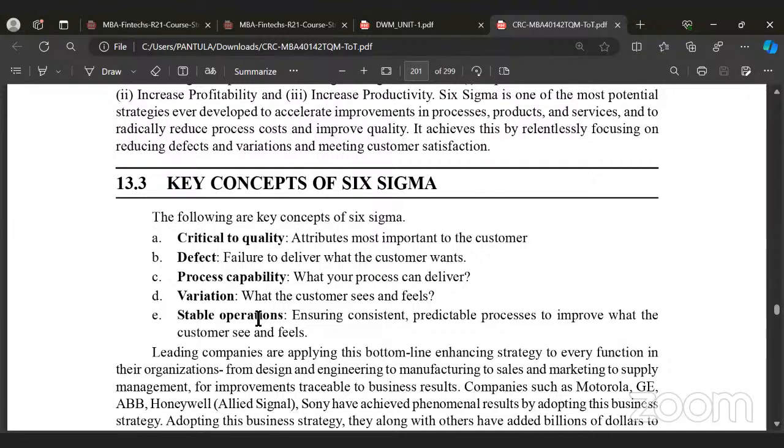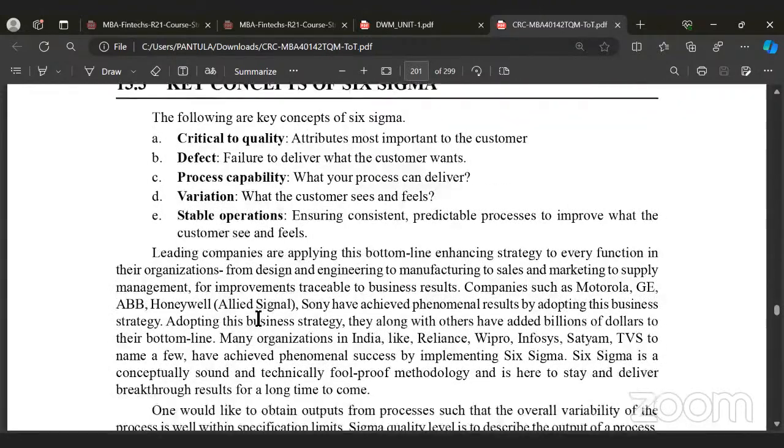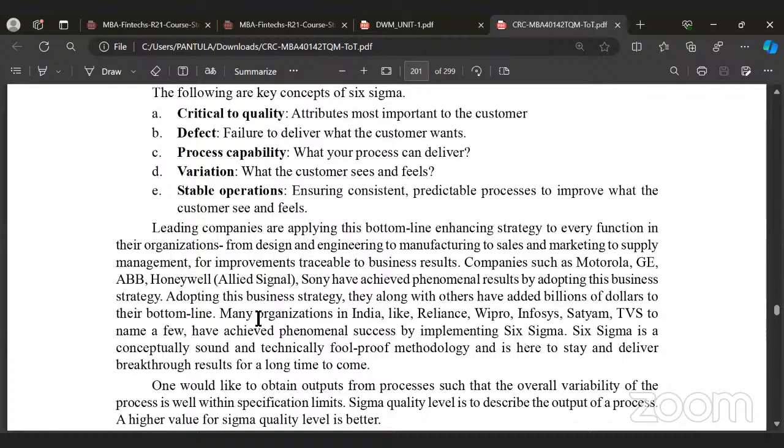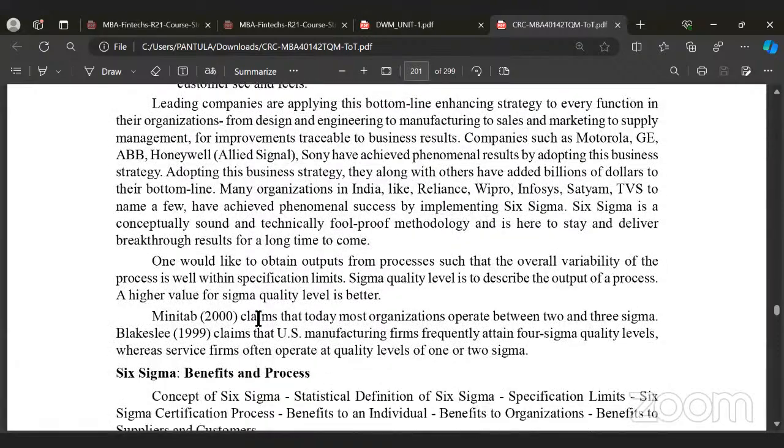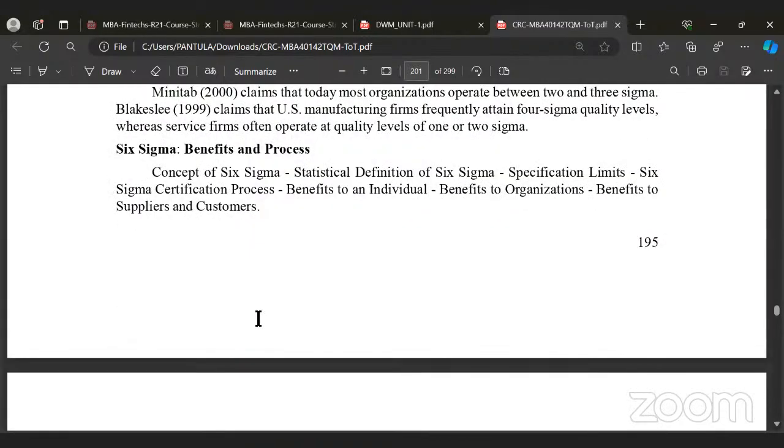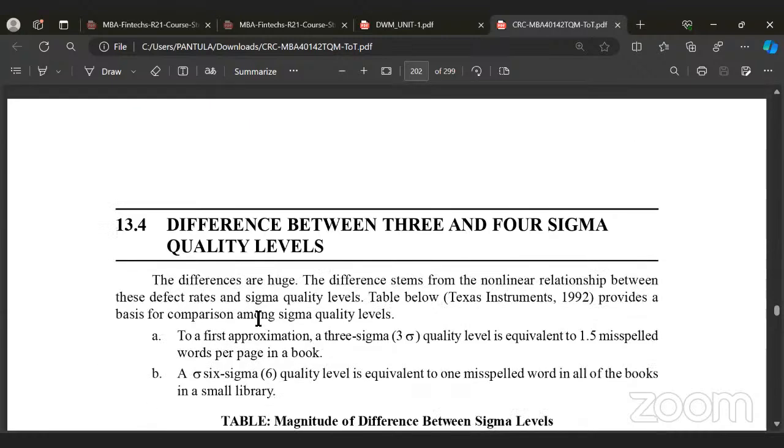Next, process capability, which is what your process can deliver. Variation is what the customer sees and feels. Stable operation ensures consistent, predictable process, improving what the customer sees. Six Sigma benefits a process.